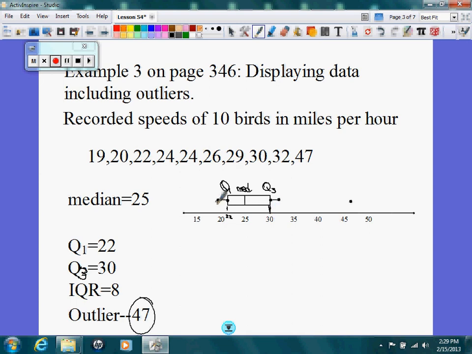Our minimum piece of data was 19, and our maximum piece of data was 32. And our outlier was 47. Notice the outlier is way out here, not connected with the little line here. So this is really all the data that's pertinent to this particular investigation.